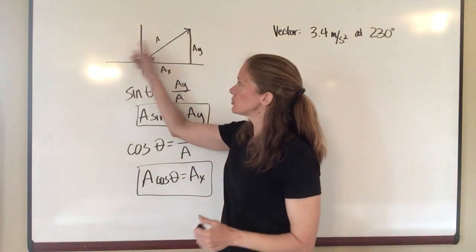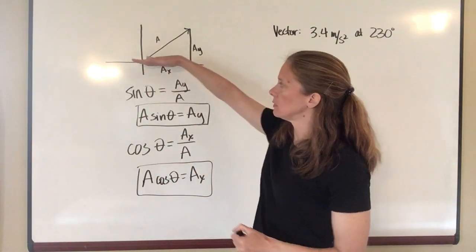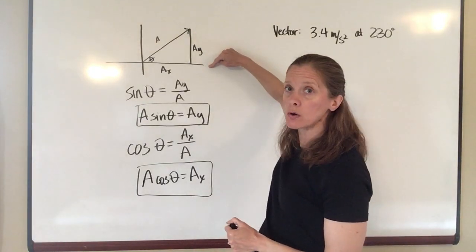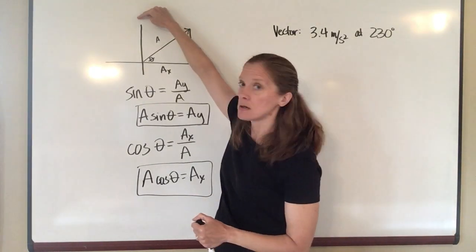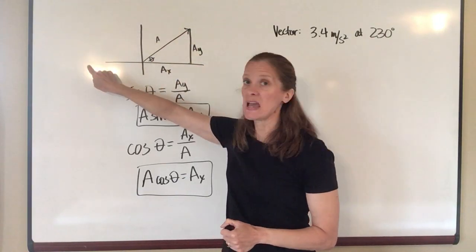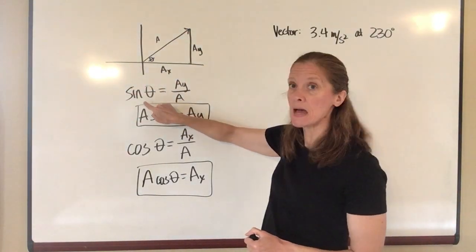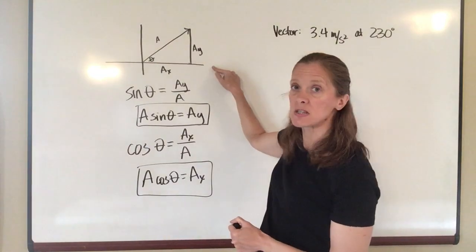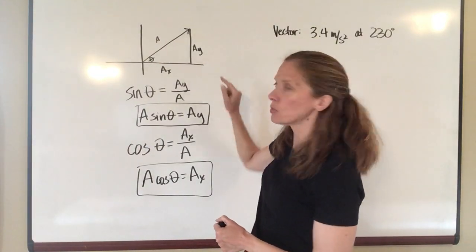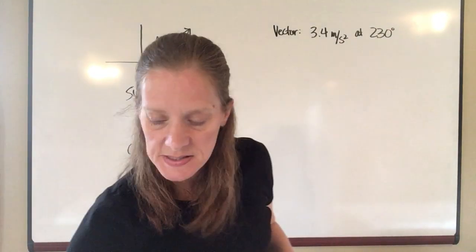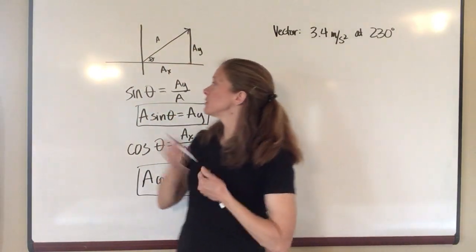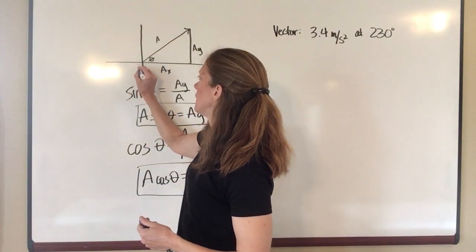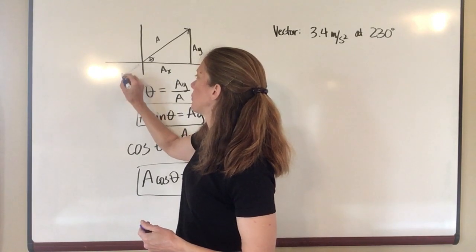Well, if I go back to my coordinate system, if we're saying that this is 0 degrees and I'm measuring counterclockwise, this is going to be 90, this is going to be 180, this is going to be 270, and I'd be back to 360 or 0 over here. So what that tells me is that this vector is going to have to be down here in this quadrant someplace.